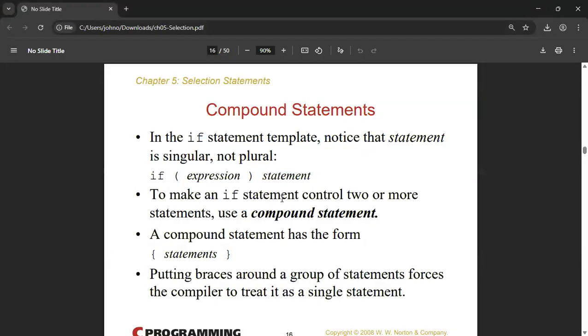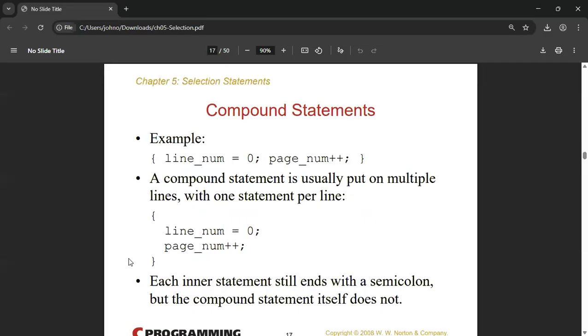So to make an if statement control two or more statements, we make use of a compound statement. The compound statement has the form of many statements in curly braces. Putting braces around a group of statements forces the compiler to treat them as if it's just one statement. So here's an example. We have all of these together on the same line.